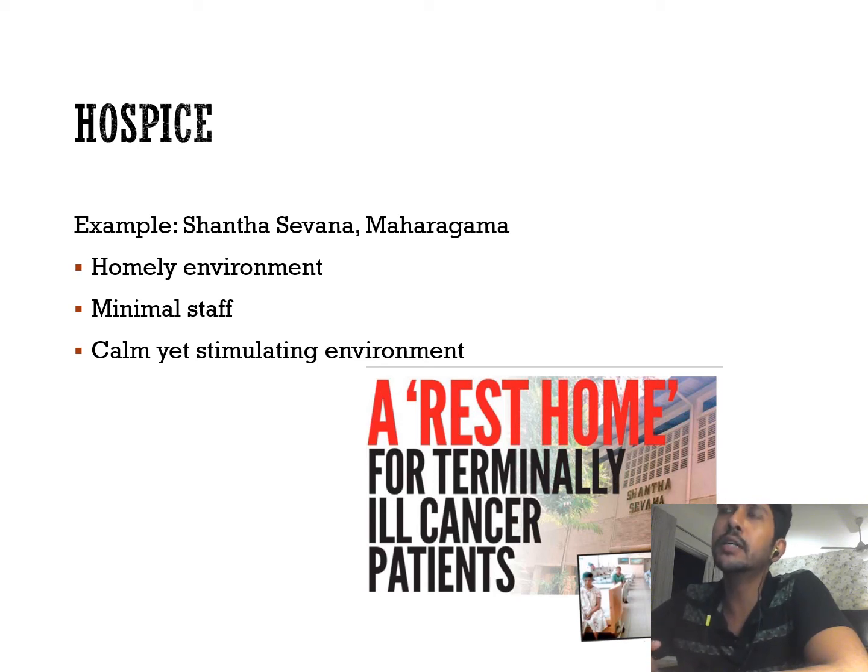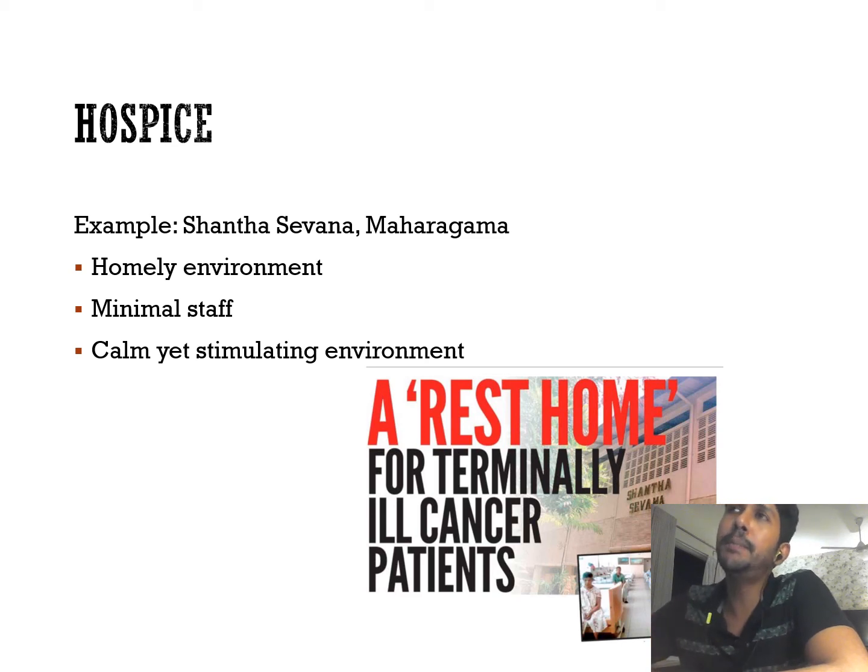These patients and their family members receive some form of training on how these patients can be cared for at home, about stoma care, about wound care, how to take care of the catheters and NG tubes. So the family members are being trained in this institution before they are sent home.